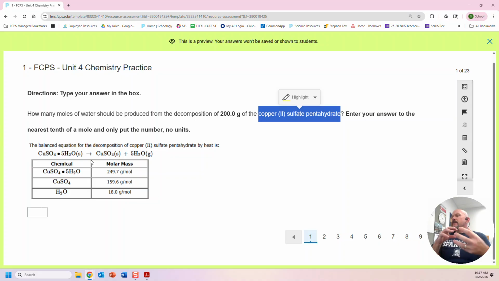Okay. Think of a hydrate as the opposite of a salt water solution. It's a salt and water solution, but in a hydrate, the water is trapped in the solid structure of the ionic compound.